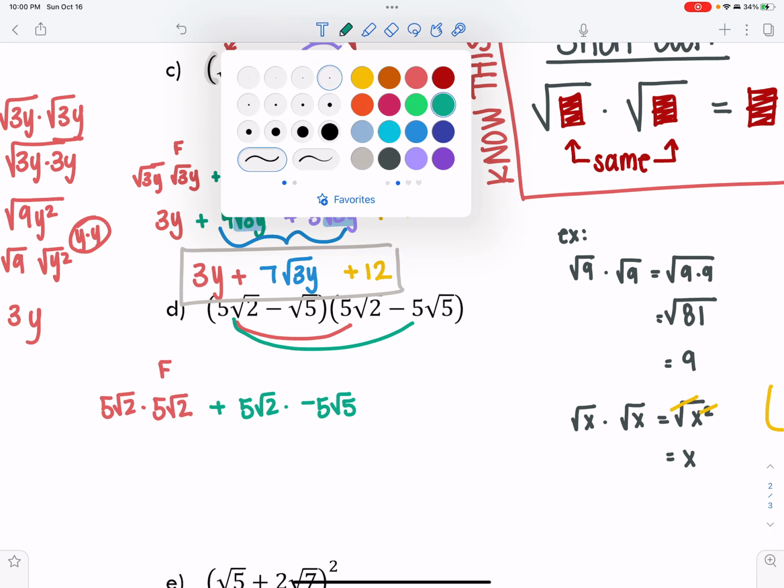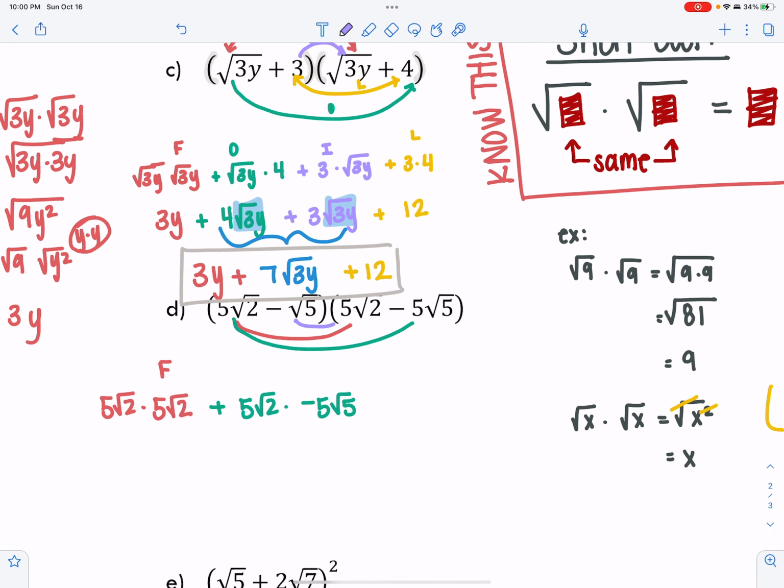Inner, negative square root 5 times 5 square root 2. And then last, negative square root 5 times negative 5 square root 5.